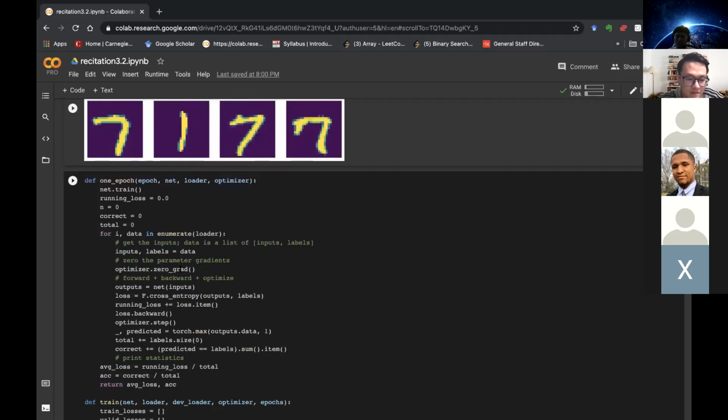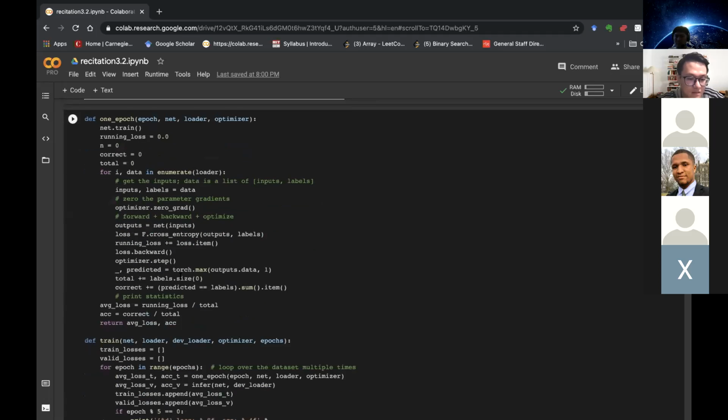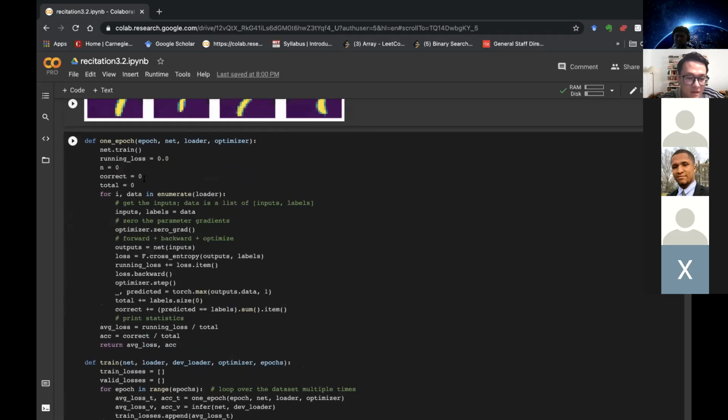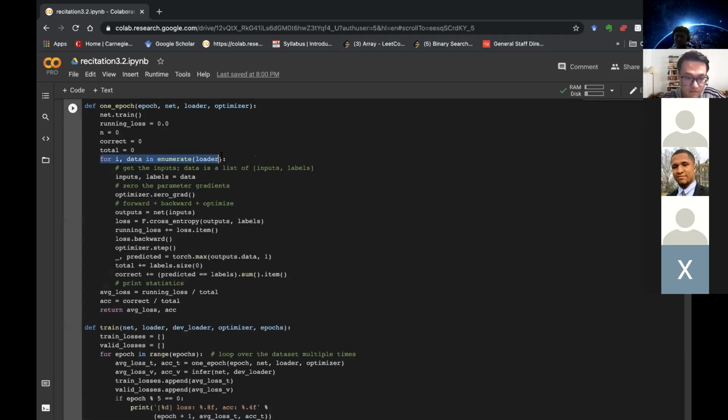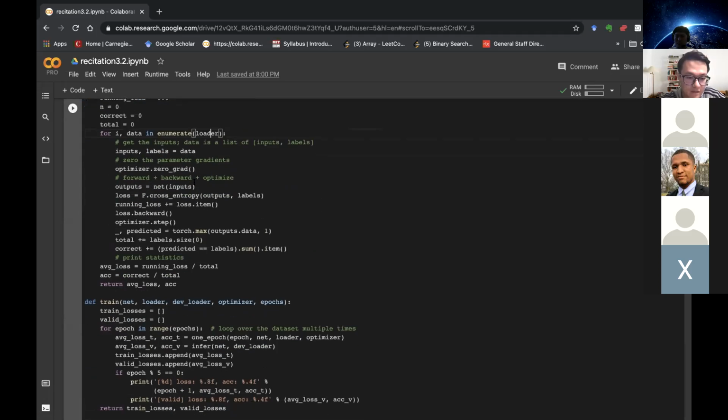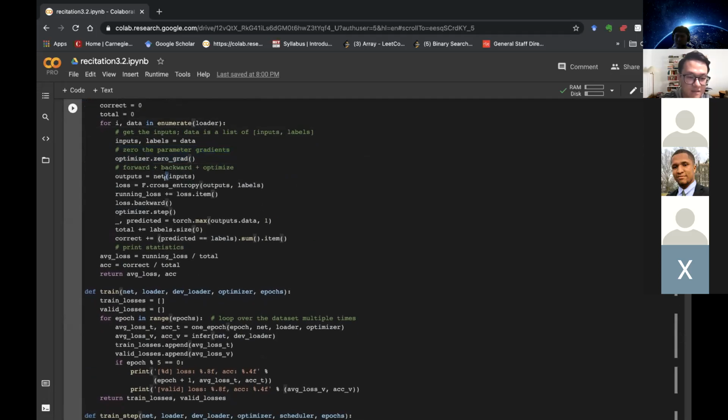Yeah, this is the MNIST data set, and this is a function for training one epoch. This is a for loop that enumerates your training data loader, and you will get the inputs and the labels. There is zeroing the parameter gradients, and this is the forward pass.